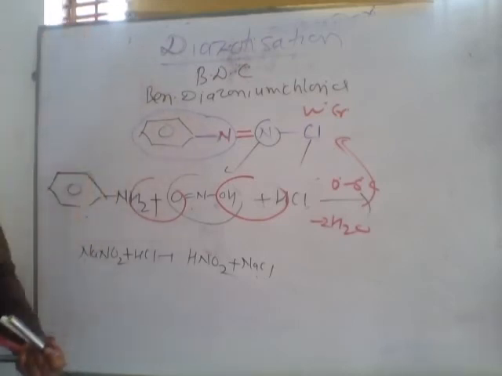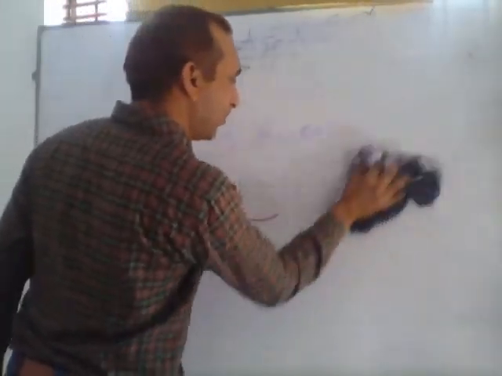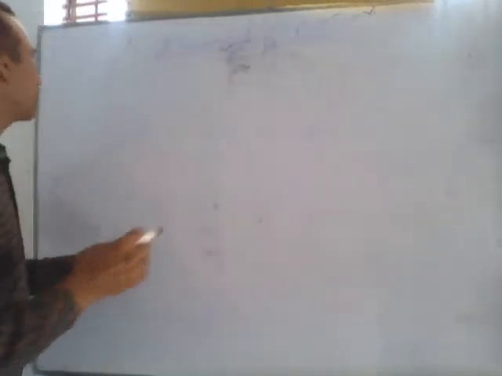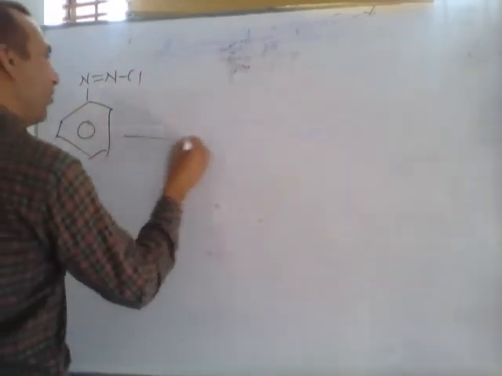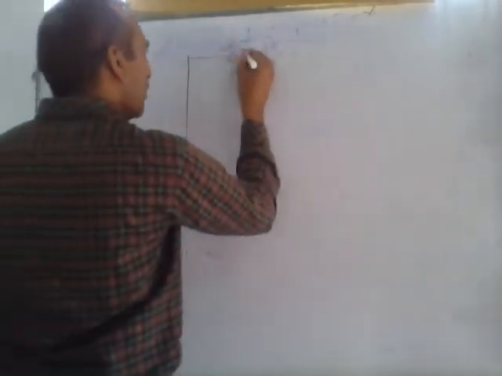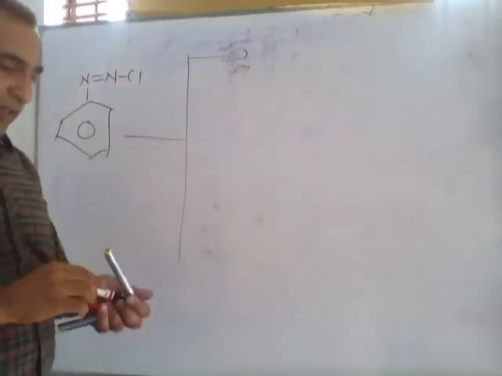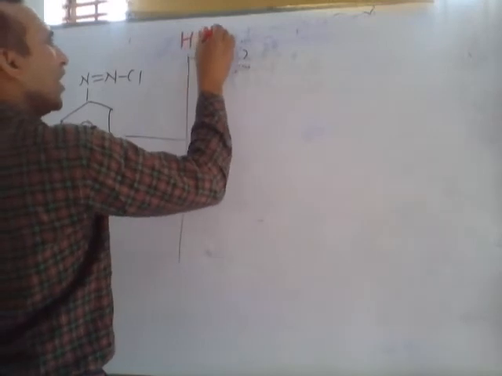So the question is, how can we prepare different types of haloarene with the help of BDC? Listen, this is benzene diazonium chloride. First, if we want to prepare fluorobenzene, then we use this simple compound HBF4.